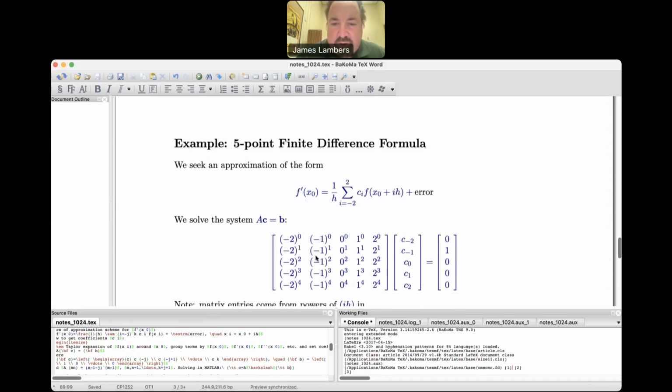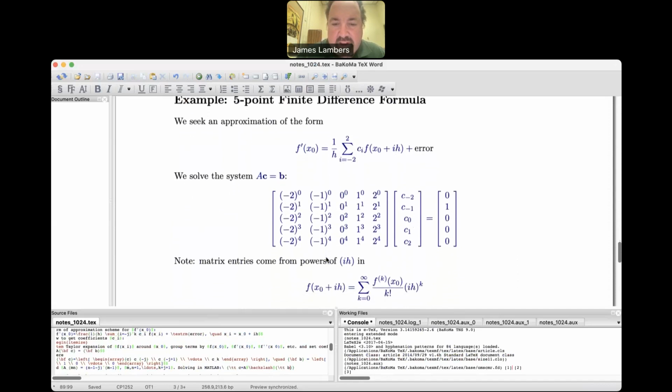Now, as far as where these numbers come from, if you consider the Taylor expansion of f of x naught plus ih, this is what it looks like. You have some derivative of f evaluated at x naught over a factorial times ih raised to a power. So the i to the k is what's featured in here, with i going from minus 2 to 2. So that's how you can get your matrix. Now you can solve a system of equations or have MATLAB do it for you. And then you have the coefficients.